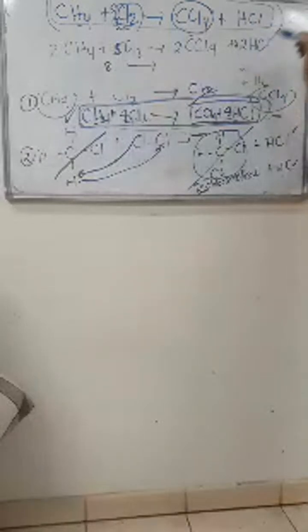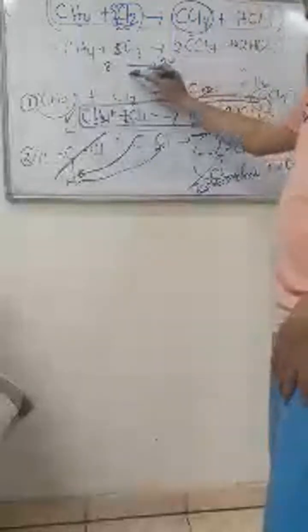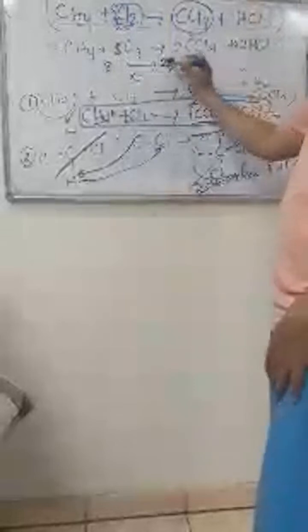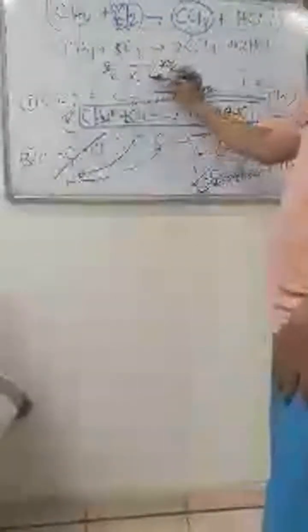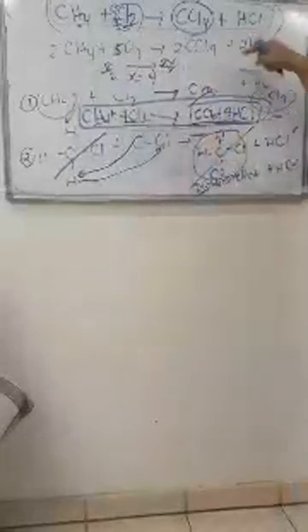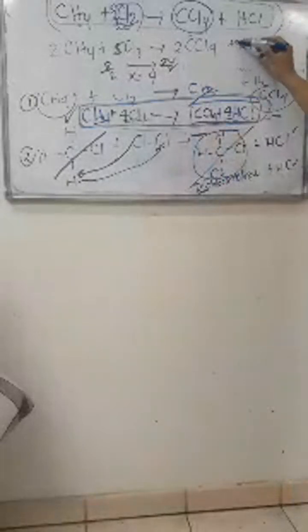Let X be the unknown atoms of hydrogen in HCl to make it equal to the hydrogen in the methane. So 2 times X is equal to 2X. Therefore, X is equal to 4. Then put 4 here. Like that, it's going to be 8.